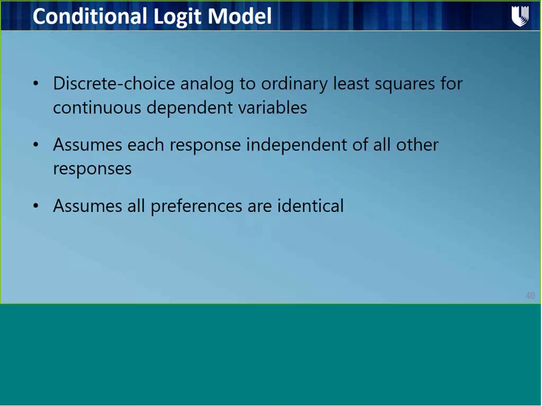So very important, and the reason why conditional logit is usually not considered a final model when analyzing these data is that conditional logit makes a fairly strong assumption that everyone answering the choice questions has the same preferences. And any variability that you observe in the patterns of responses across respondents is just assumed to be error, okay?